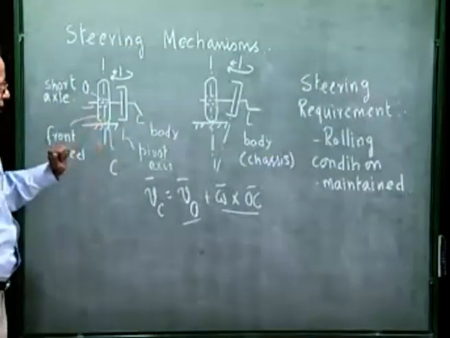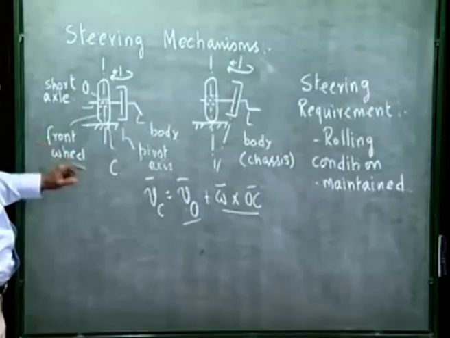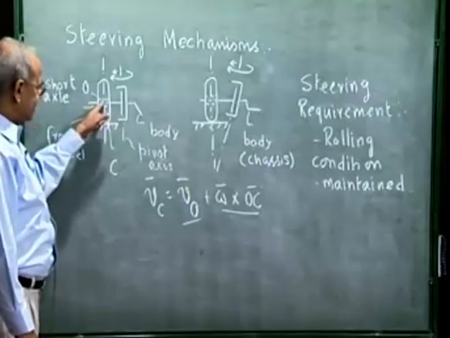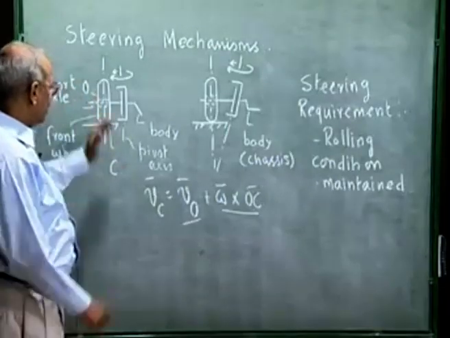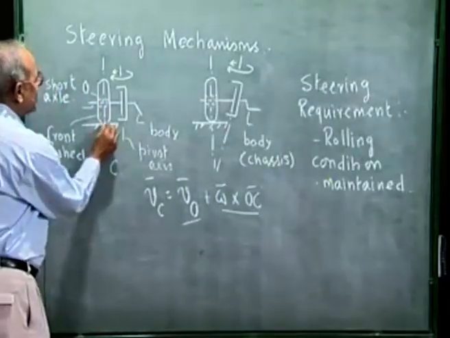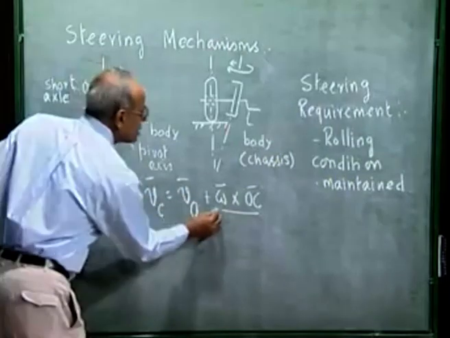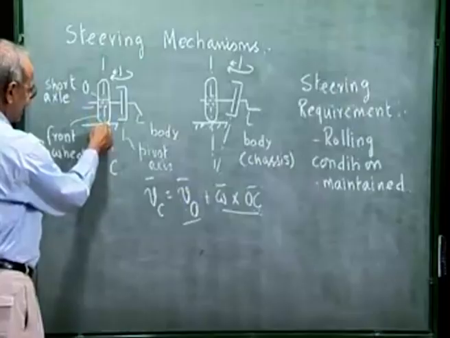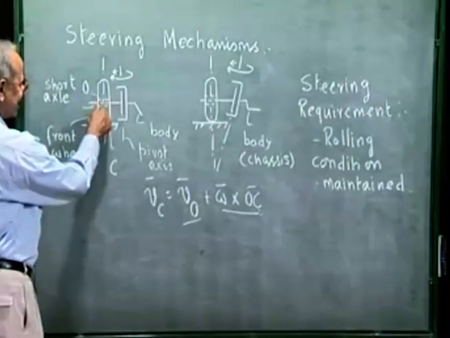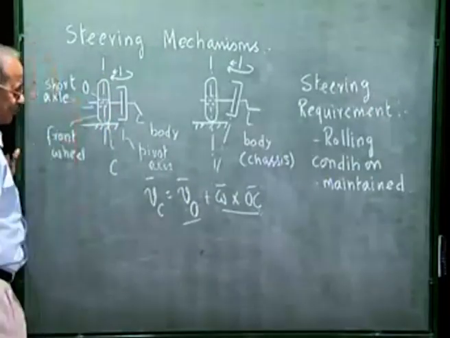I hope this is clear, that when the car takes a turn, if the velocity of the center of the wheel does not lie in the plane of the wheel, then there will be velocity of this contact point, because this lies in the plane of the wheel. Omega is this way, OC is this way, so omega cross OC is in this direction, that is in the plane of the wheel.